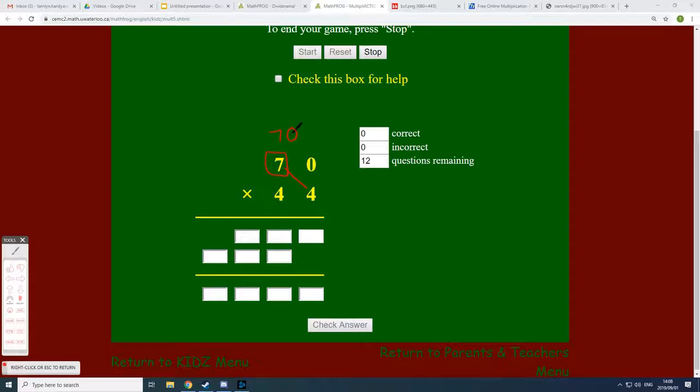Does that make sense? The place value of the 7 is 70. So I'm looking at what is 4 times 70. So that's going to be 7, 14, 21, 28, 280. Okay. Now I'm going on to the next one.